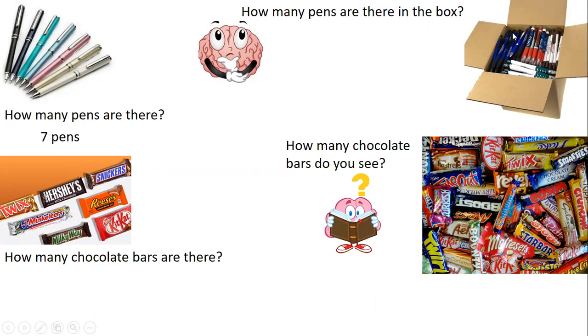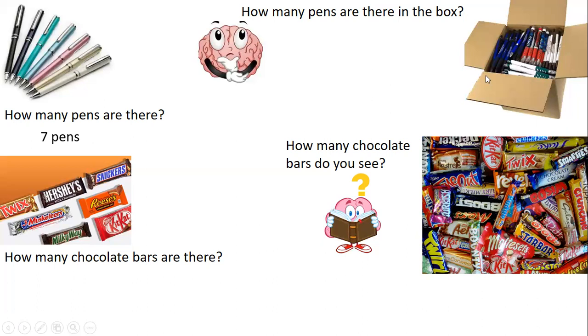If I bring a box and I tell you, inside this box, how many pens are there in this box? Can you exactly tell me, without counting, how many pens are there in this box as you look at the box?